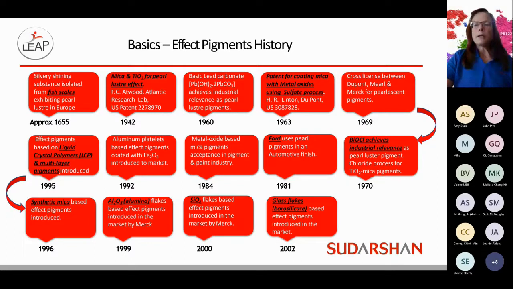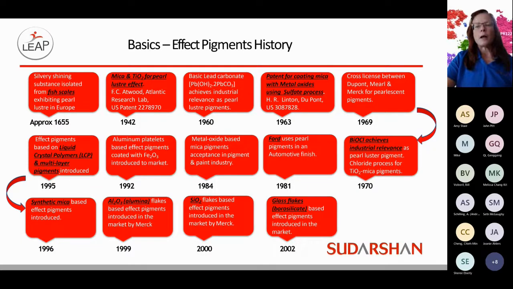And then in 1970, new substrates started to be incorporated into effect pigments, where bismuth oxychloride started to gain some industrial relevance within the effect pigment community. In 1981, I'm sorry, Ford began to use pearl pigments in their automotive finishes.